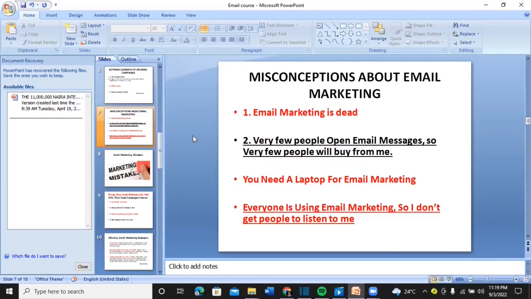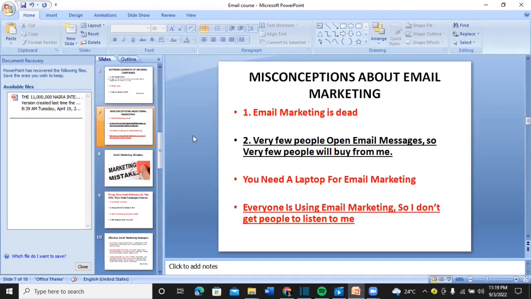This means email open rate is not a hindrance to email marketing.